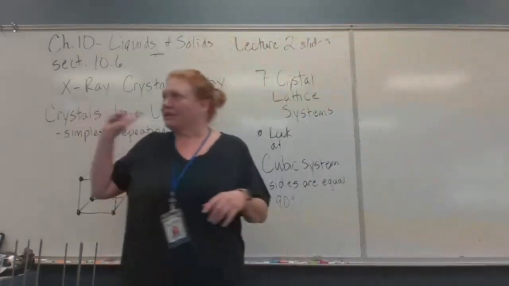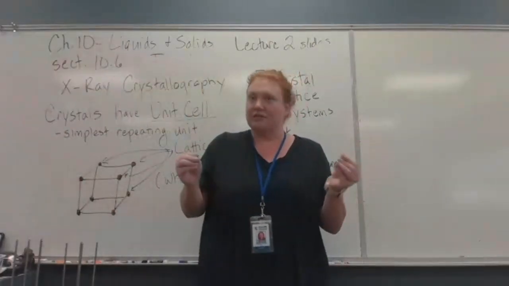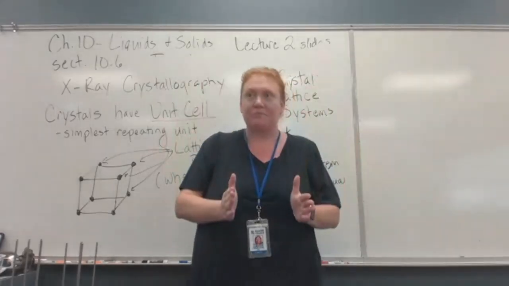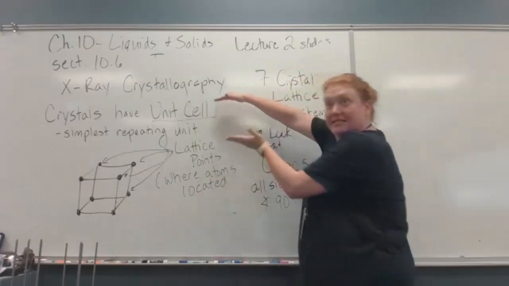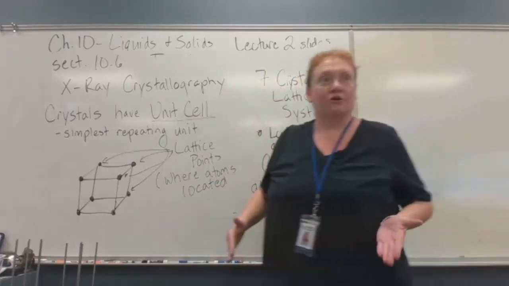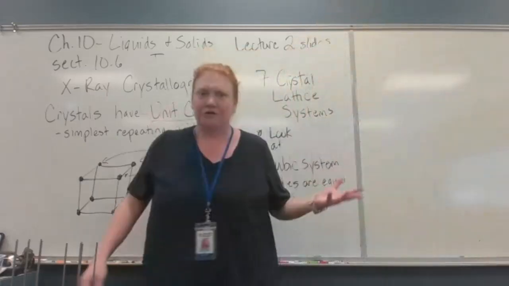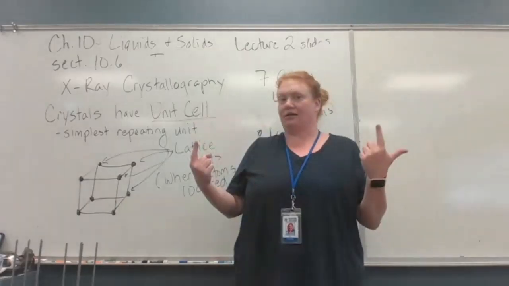Okay. And how are these ionic solids, how are any of these crystalline solids, organized? How can we break them down to the very smallest thing? It's this thing called a unit cell. So when I say sodium chloride, what does that mean? How many sodium and how many chloride ions?